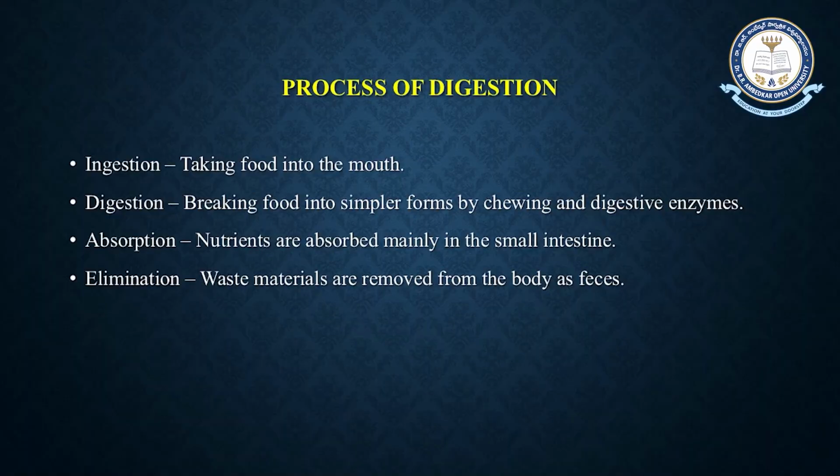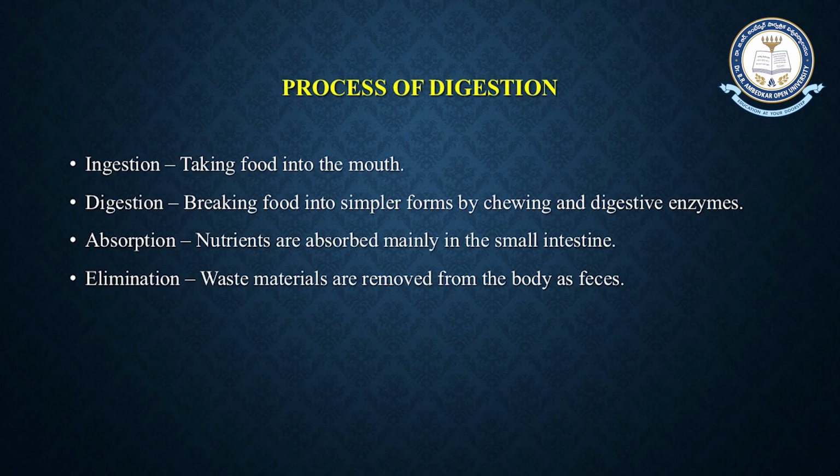The process of digestion mainly involves 4 steps, that is, ingestion, digestion, absorption, and elimination. Ingestion is when you eat or ingest the food. Digestion is when the complex food particles are broken down into simpler absorbable forms by chemical and mechanical digestion.